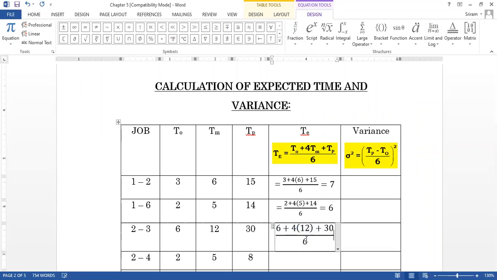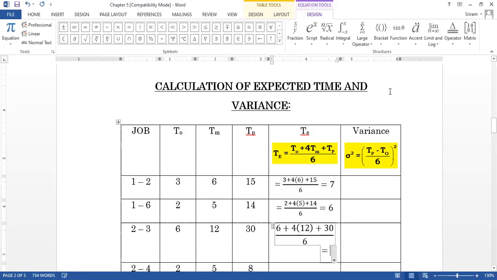Use the calculator and tell me the answer. This is 14. Understand the idea, dear? 4 twos are 8, 8 plus 1, 9 plus 5, 14.